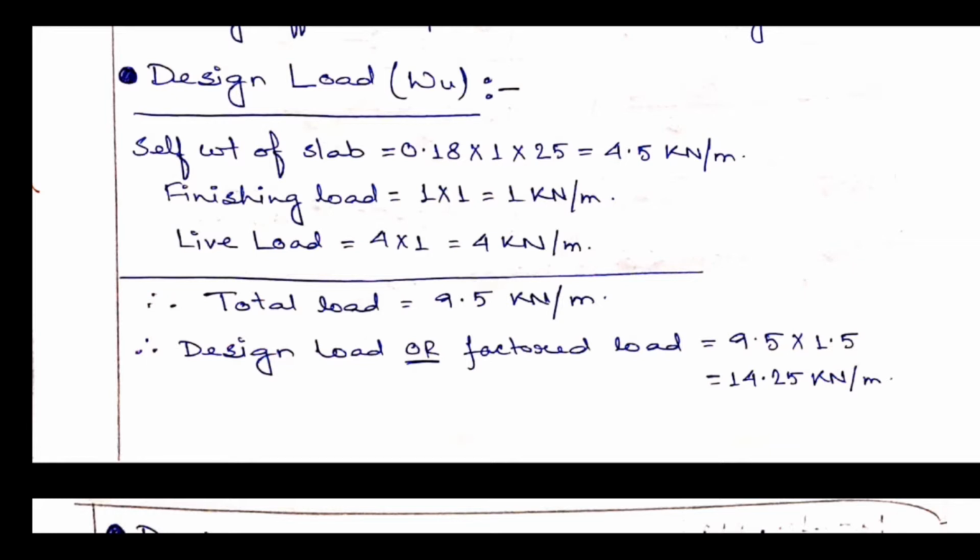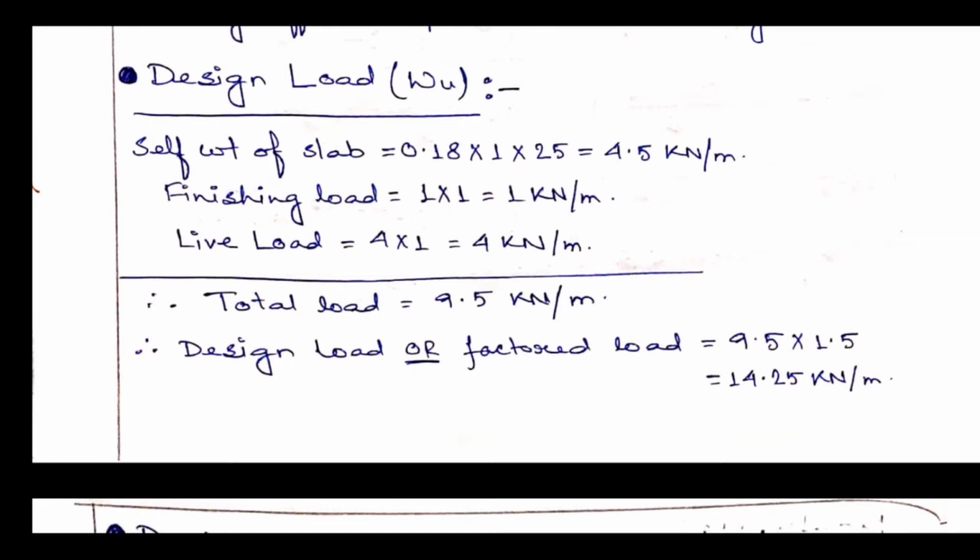Now we have to multiply load factor, that means partial safety factor for load, the combination of dead load and live load, which we can get from table 18 of IS 456/2000, that is 1.5 for the combination of dead load and live load.